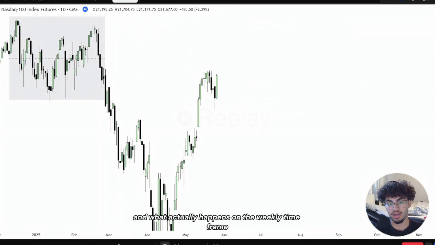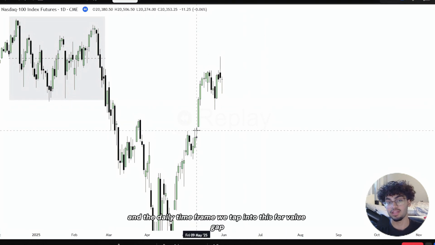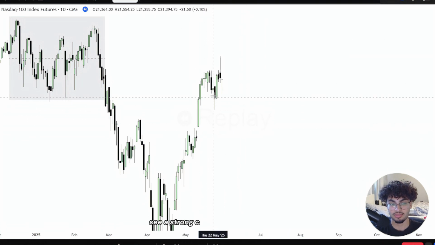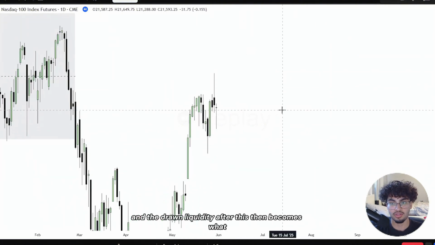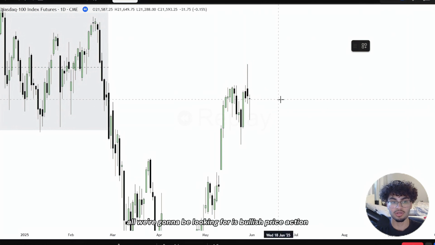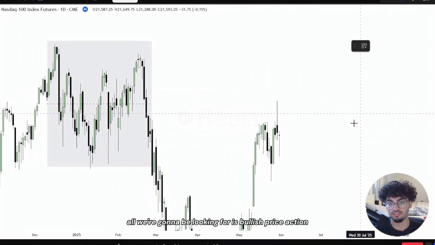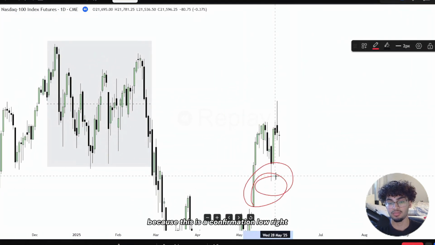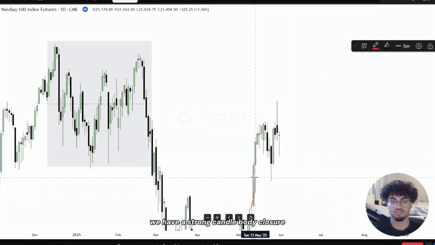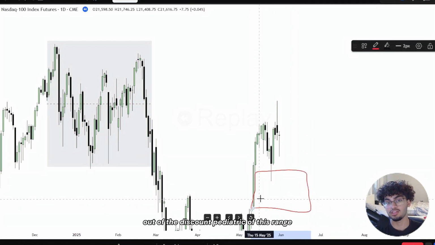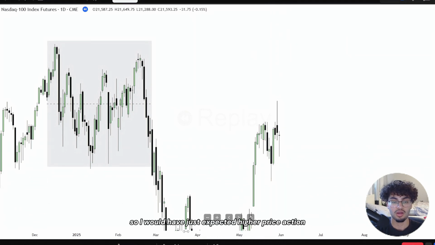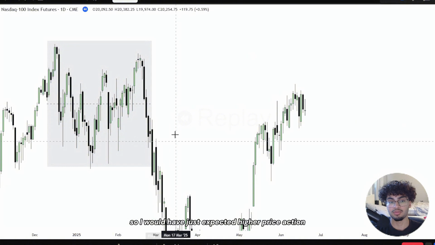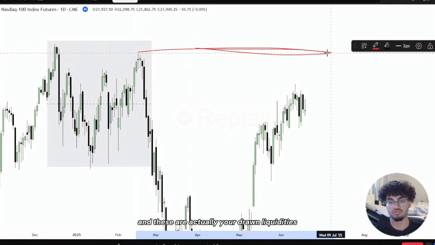And what actually happens on the weekly time frame and the daily time frame, we tap into this fair value gap, see a strong candle body closure here, and the drawn liquidity after this then becomes what? All we're going to be looking for is bullish price action, because this is a confirmation low, right? We have a strong candle body closure out of the discount PD array of this range. So I would have just expected higher price action, and these are actually your drawn liquidities.